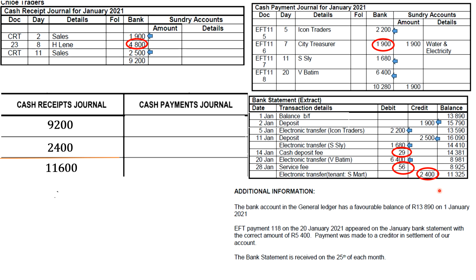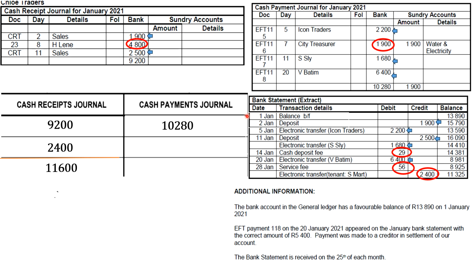But any amount that the bank has in their bank statement but does not show up in our journals, we're gonna record them in our journals. So any mistakes that we make, we fix them in our journals. But any mistake that the bank makes, we fix them in the bank reconciliation statement. So now we're going to record the opening balance for our cash payment journal, which is the 10,280.